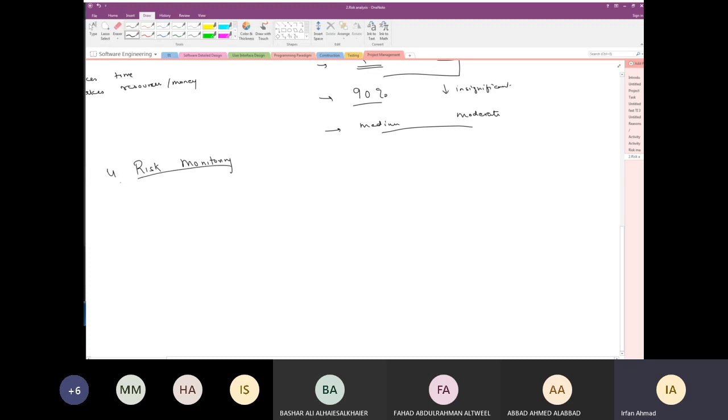There are many aspects to it. One of the aspects is that once the risk happens, you have to initiate these plans, the contingency plan and all those stuff. So risk monitoring continuously monitors, throughout the development of the project, what's going to happen, right?